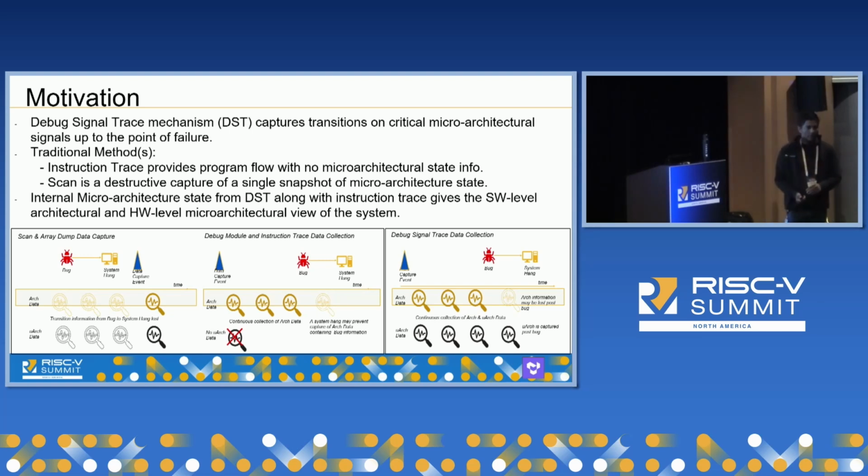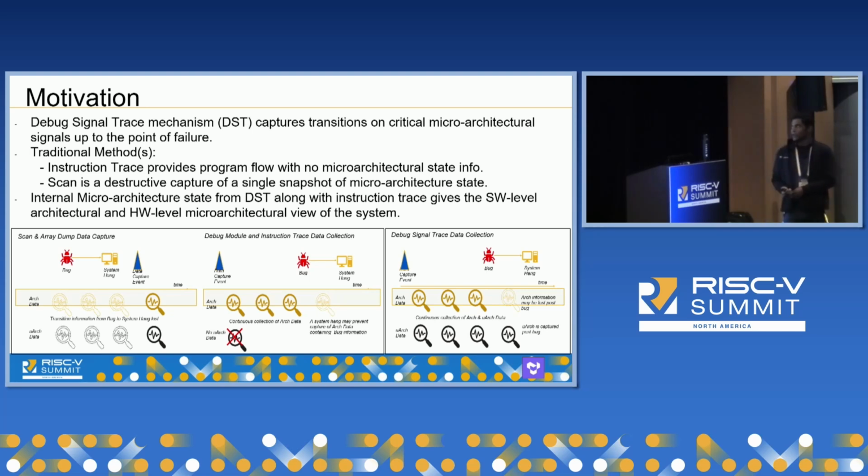On the other hand, you also have instruction trace. In the case of instruction trace, you are able to trace the architectural states of PCs and CSRs. But your visibility is limited to the architecture state. And for this feature to work, you also need to have functional code.